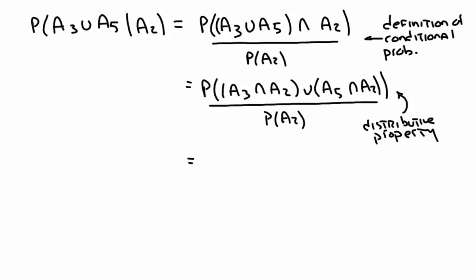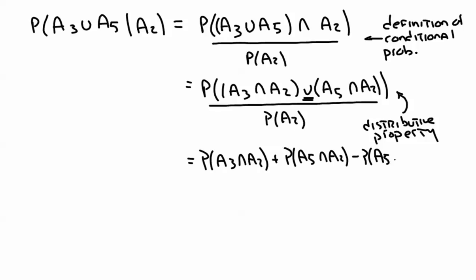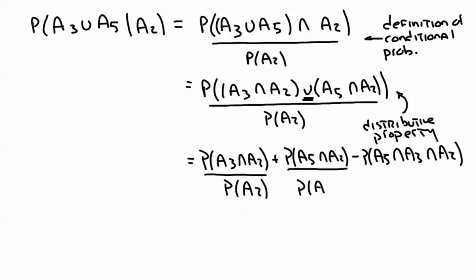I don't know if the union of these two events in the last step are mutually exclusive, so I can apply this relationship: probability of A3 intersect A2 plus probability of A5 intersect A2 minus probability of A5 intersect A3 intersect A2, all divided by the probability of A2.